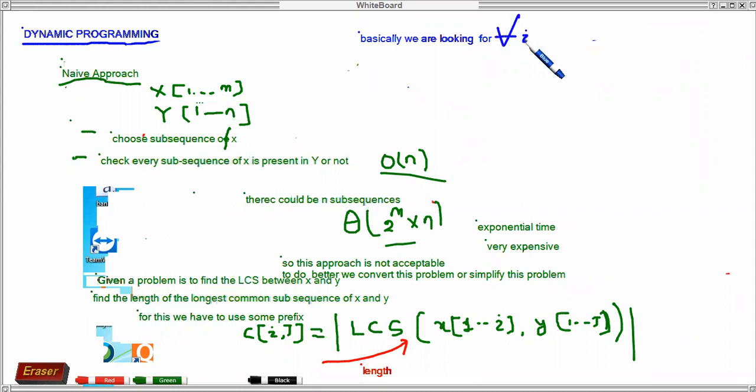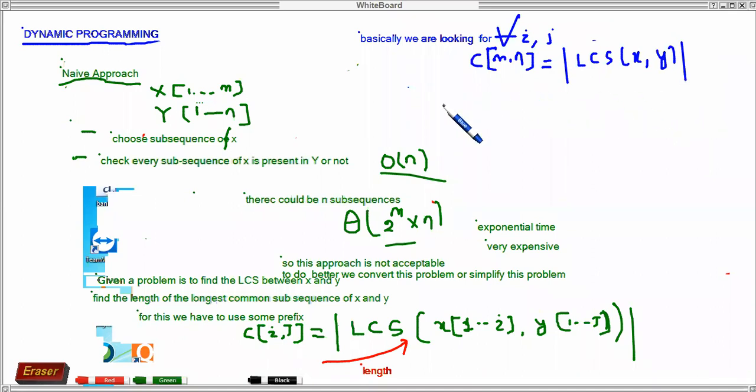Mathematically, for all i, j, we find C equal to the longest common subsequence of x, y. Full x, y I'm taking now. We are looking for this.